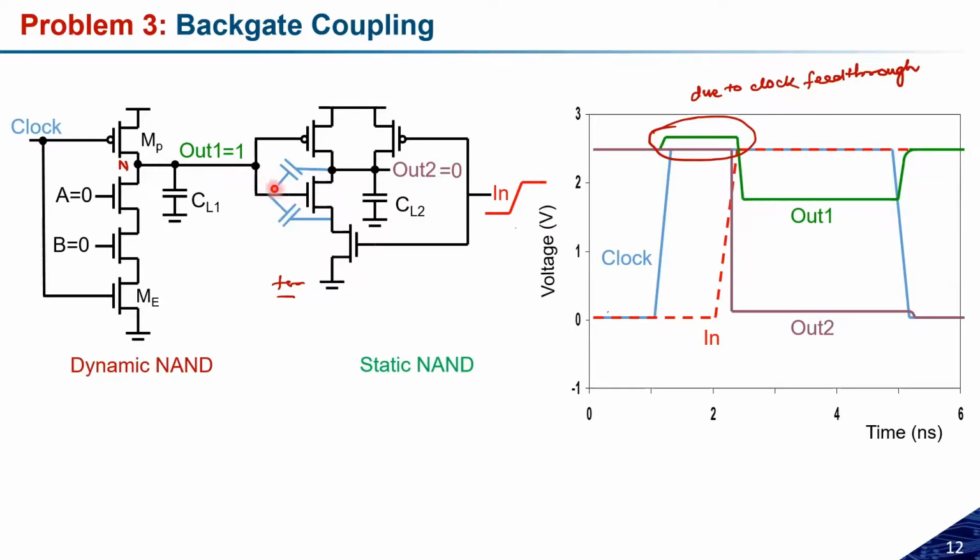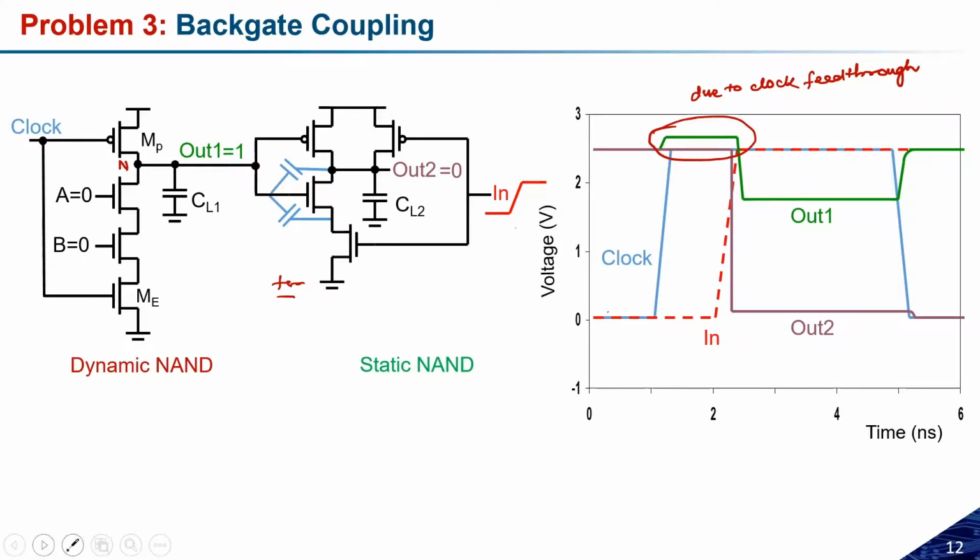So there will always be a capacitive effect due to this, and output 1 will not be 0. This is the thing we need to consider, and it is important. Okay, so you got the thing, or do I still need to discuss? Yes, sir. Okay, so this is the problem of backgate coupling. To overcome that problem, you can use a buffer circuit in between two stages.